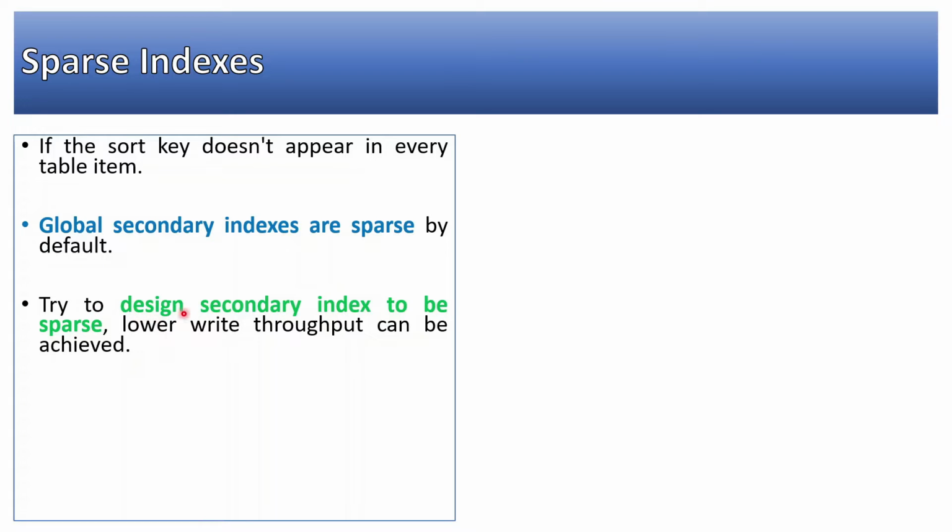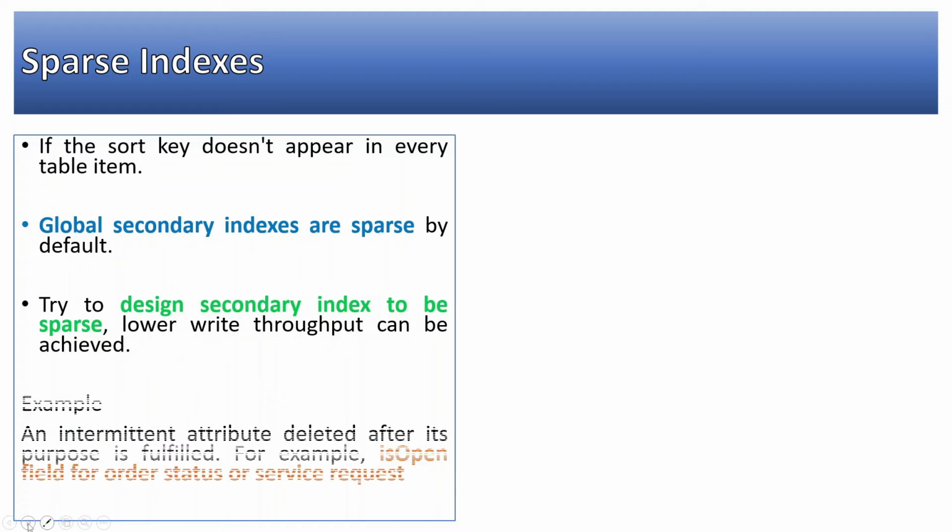We must strive to design secondary indexes to be sparse, which will result in lower write throughput. An example could be an intermittent attribute deleted after its purpose is fulfilled, for example an is open field for order status or service request.